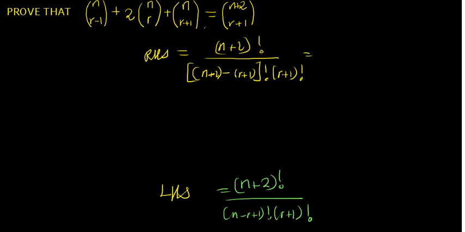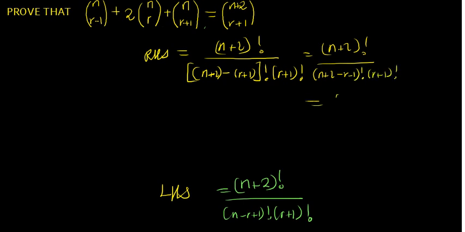So this will give us n plus 2 factorial divided by, we have got n plus 2, this negative distributed, that is going to give negative r and negative 1, and then factorial, and then r plus 1 factorial.